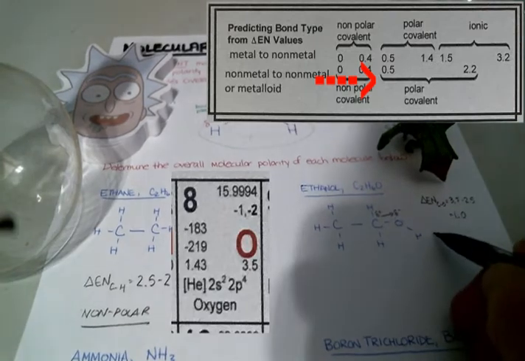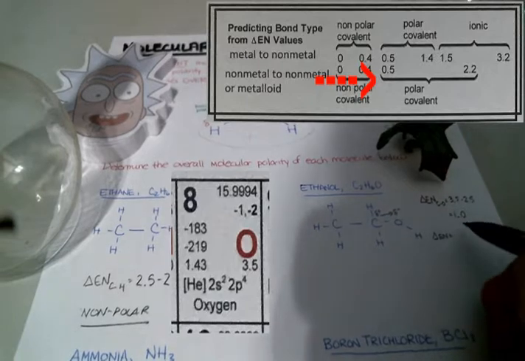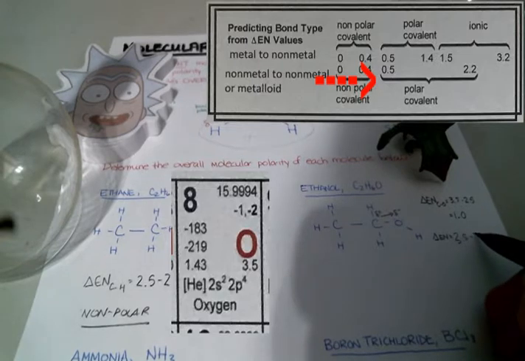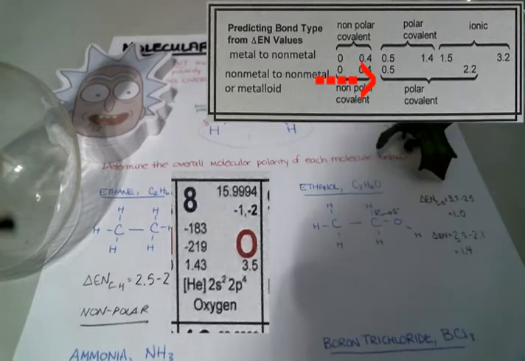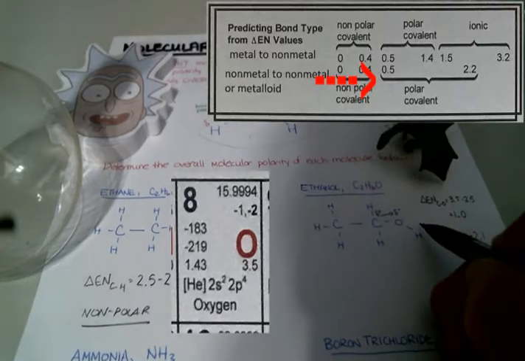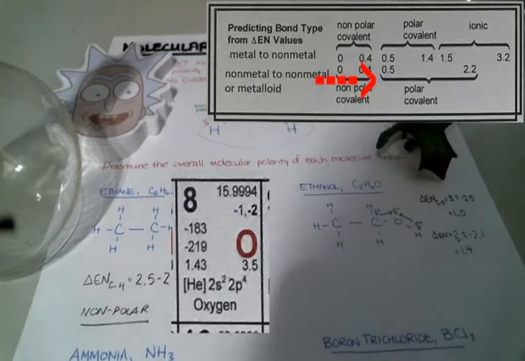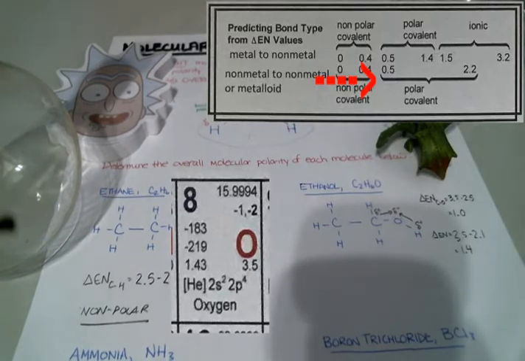And then we can do the exact same thing for the oxygen-hydrogen bond. And we already know that the oxygen-hydrogen bond electronegativity difference is 1.4. Don't worry, that's a number you'll probably get used to, especially if you do a lot of these. So that puts another delta positive and delta negative here.